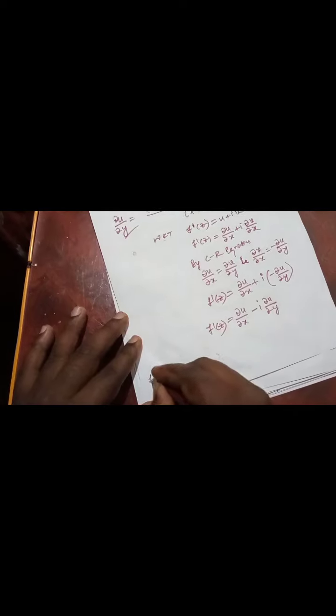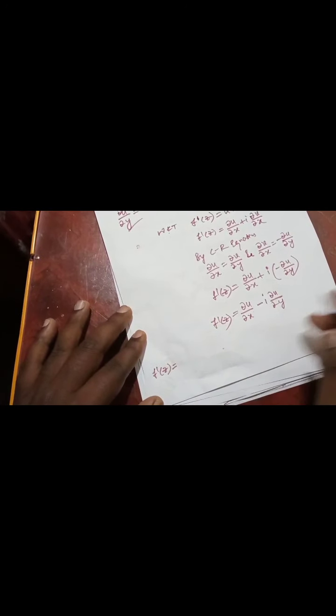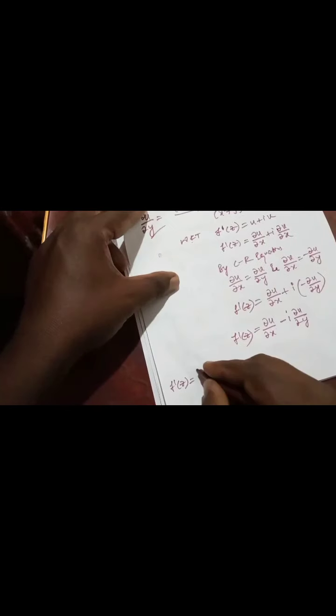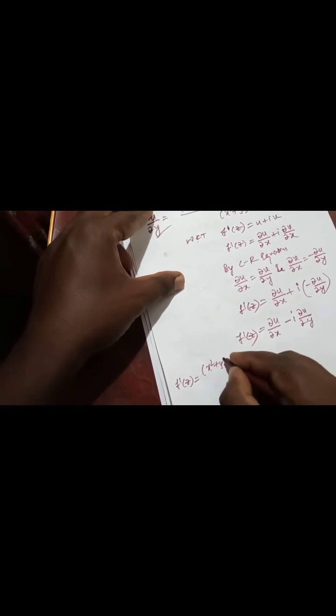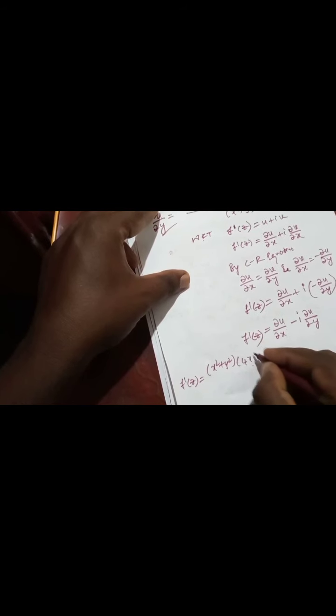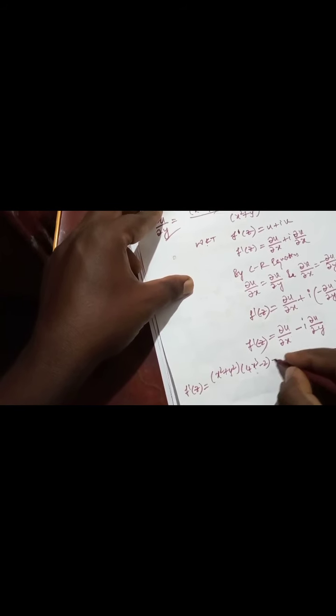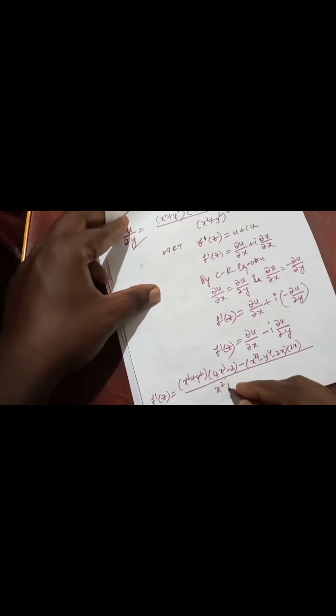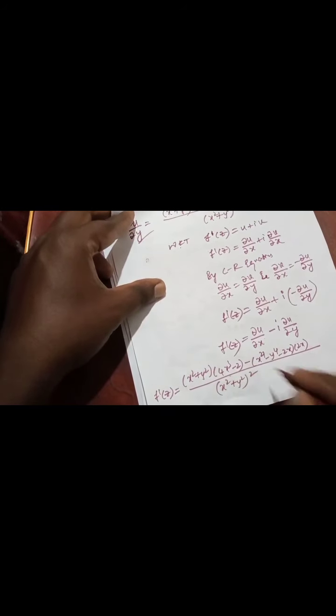Here f dash of z equals, what is our dou u by dou x? It is (x square plus y square) into (4x cube minus 2) minus (x power 4 minus y power 4 minus 2x) into 2x, divided by (x square plus y square) whole square. This is our dou u by dou x. Minus i into, what is our dou u by dou y?